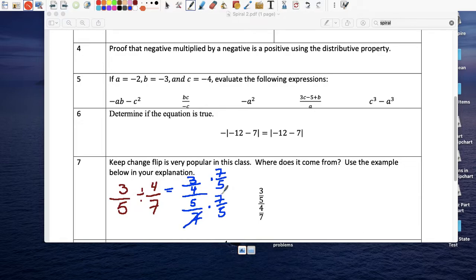At the bottom, everything simplifies to 1. On the top, I'm going to get 21 over 20. And if I put that over 1, it's not necessary, so that ends up disappearing. And then I can write 21 over 20 if you want as a mixed number, 1 and 1 over 20. So that's one way.